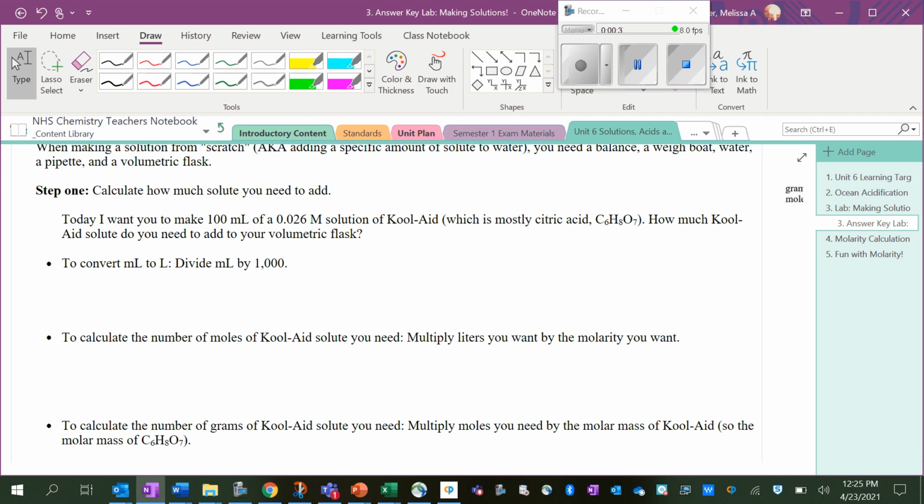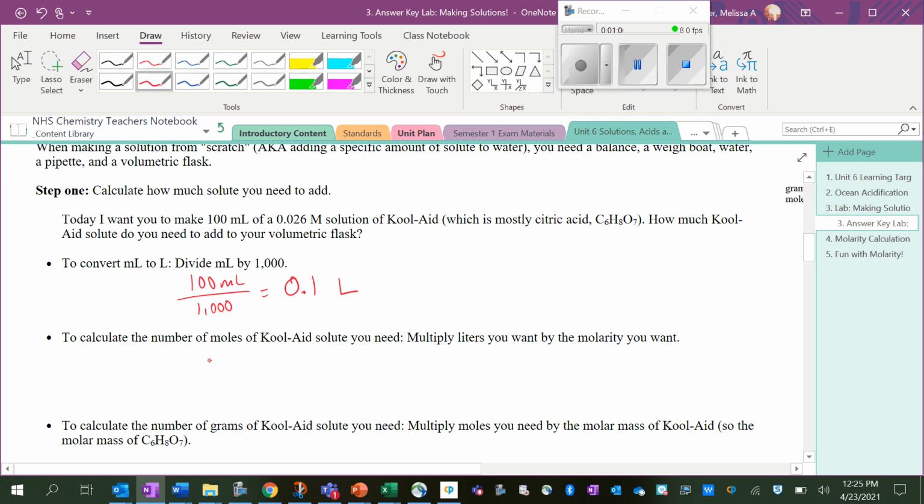Well, we're going to need to multiply the molarity times how many liters we want, because liters times moles per liter will give us moles, which then we can convert to grams. So first step, I need to get my 100 milliliters into liters. So I'm going to divide by 1,000.